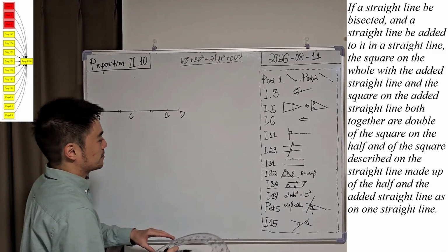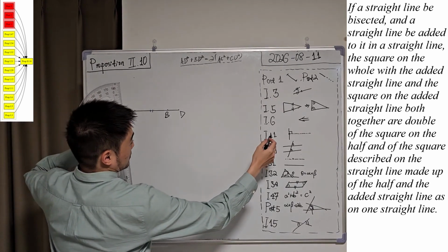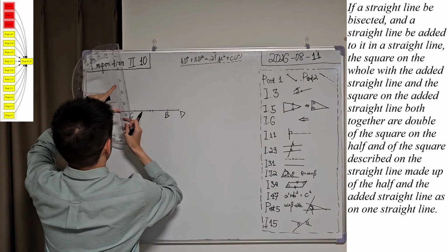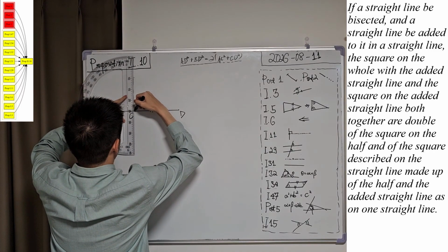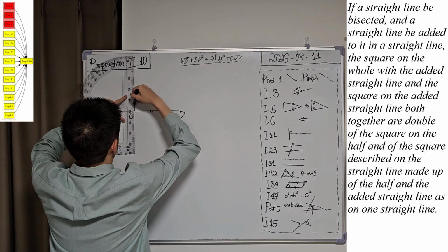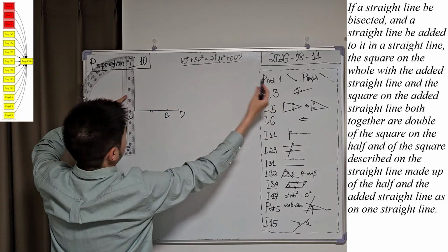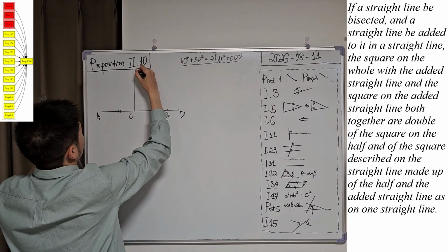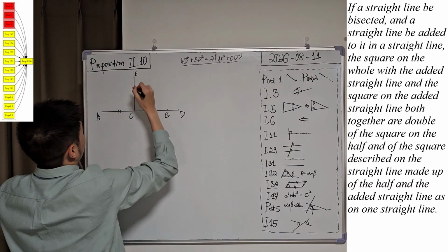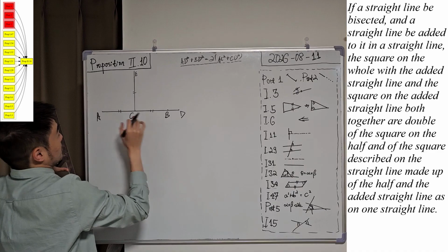So first of all, let us do some Euclidean construction. Let's apply proposition 11 at first to construct a straight line that is perpendicular to AB through point C. And then let's apply proposition 3 from book 1 to cut off CE here, that is equal to AC and CB.